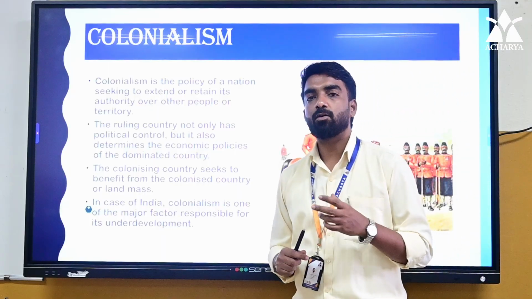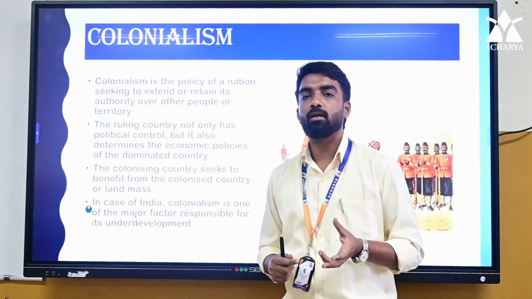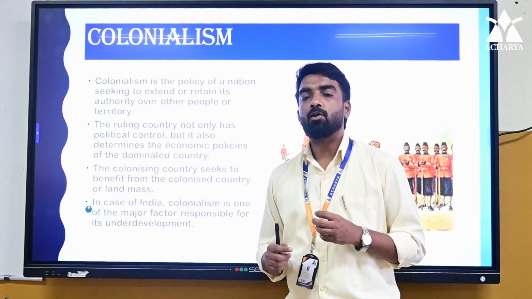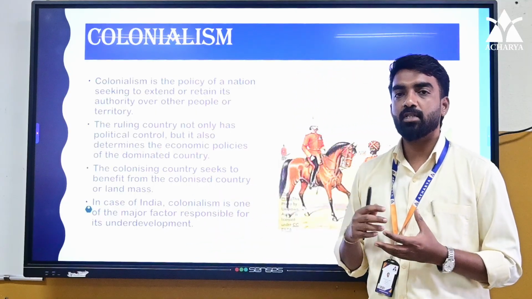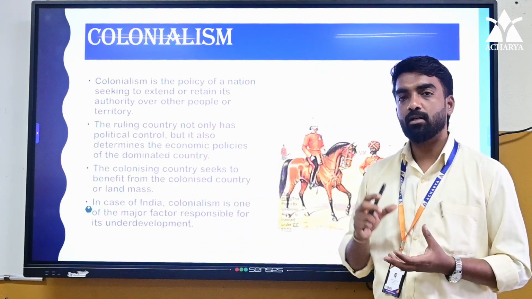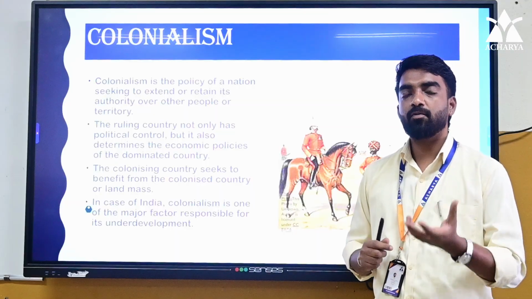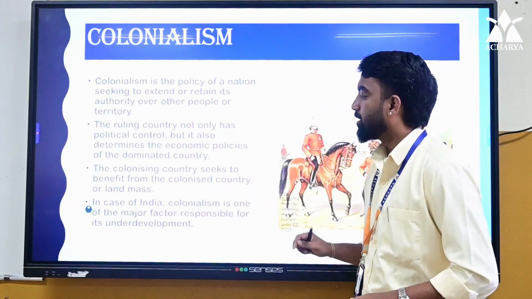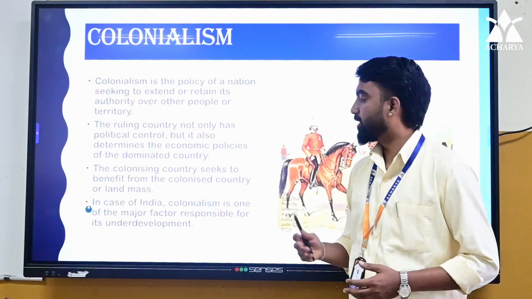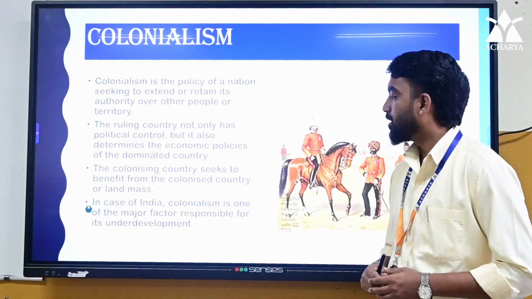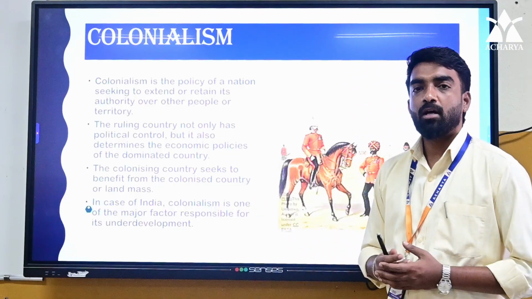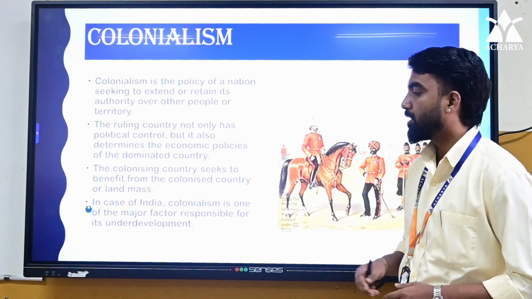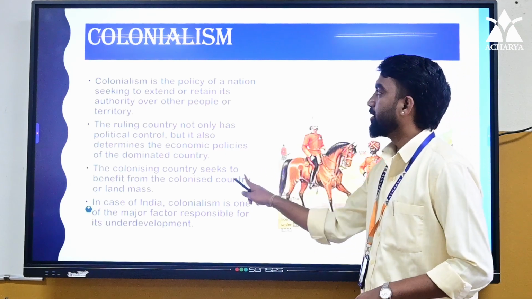Here the colonial country will gain out of the colonized country. The country which is getting ruled by the other country is a colonized country. The country which is ruling over the other country is called a colonizing country. In case of India, colonialism is one of the major reasons for underdevelopment of the Indian economy.